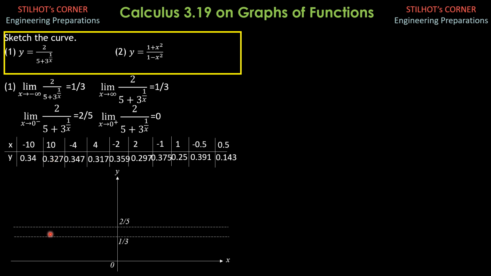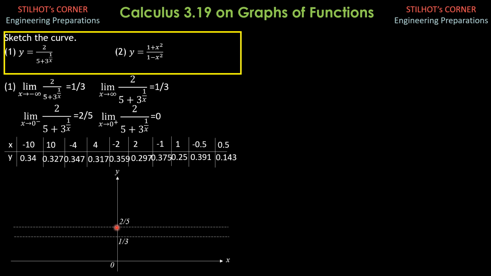Negative 4, 0.347, until when x is negative 0.5, 0.391, it approaches 0.4. That's why when x is approaching 0 from the left, it is 2/5. So it looks like that.